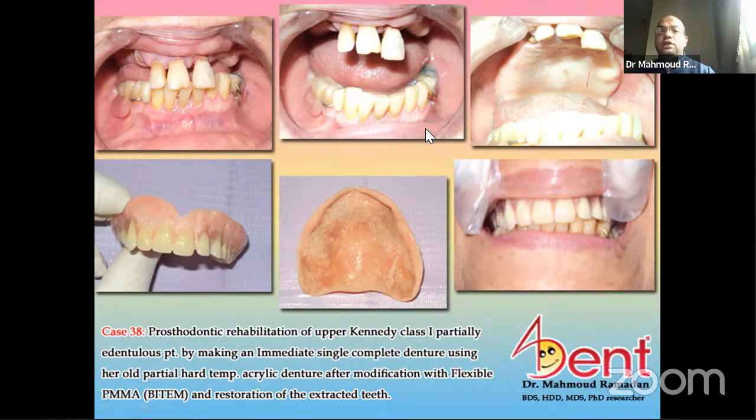As you see, the immediate overdenture is a temporary procedure, not a final or definitive procedure. We make it because we have an occasion and we have to make it fast in order to make a better appearance compared with his original natural teeth.